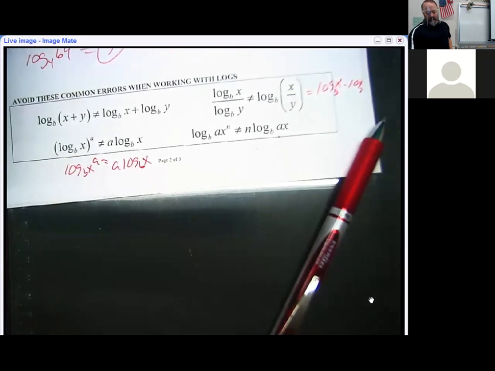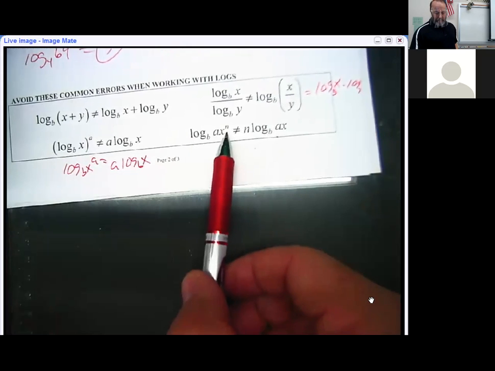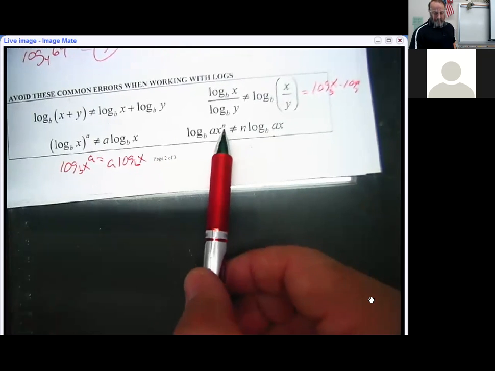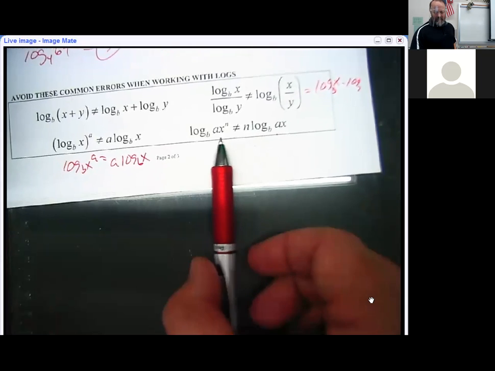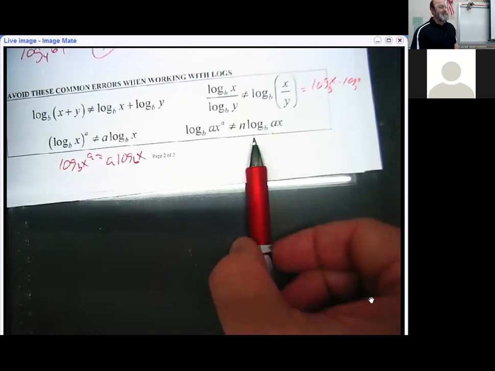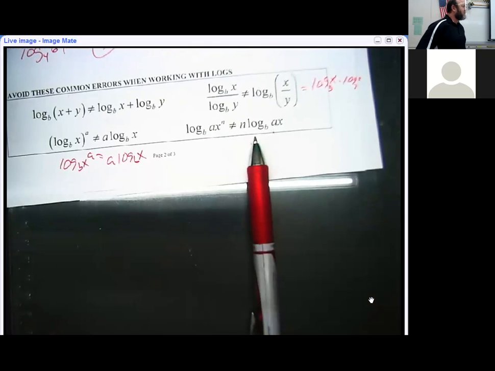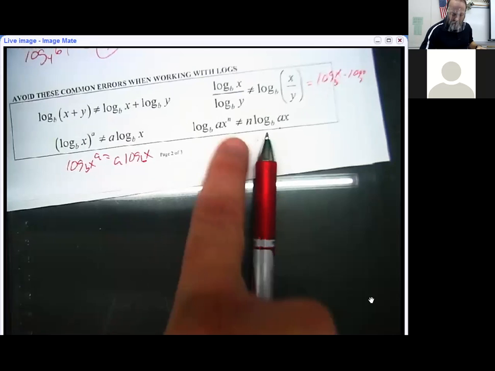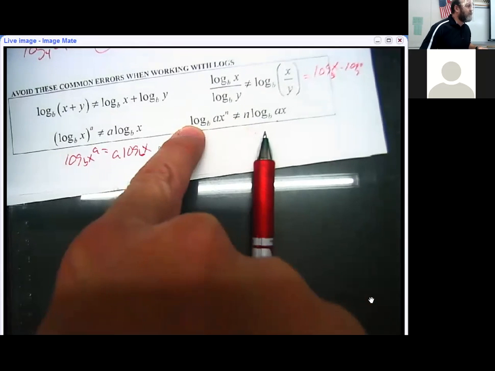So, and then the last one right here is, do you see how they brought that n down? Why is that? Can anybody tell me why that's wrong? Why can I not just bring the n in front like they show right here? That seems like the rule that I gave you. Can anybody see what's wrong with that? I do feel like this whole development is going a little on the quick side. What is wrong with bringing that n down?